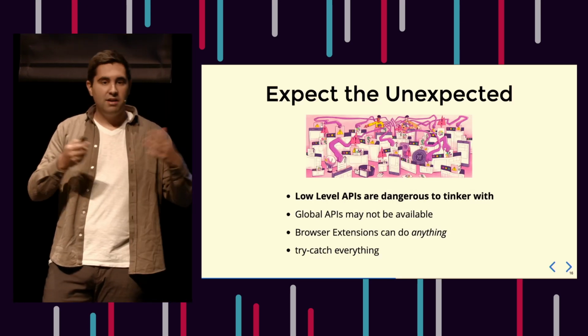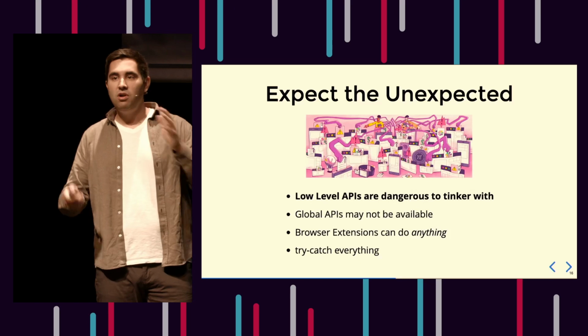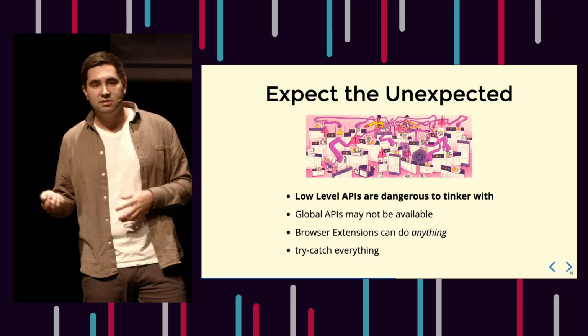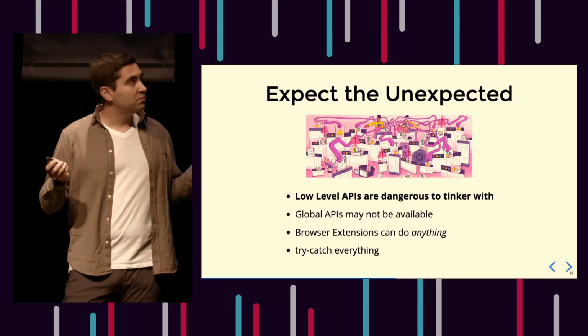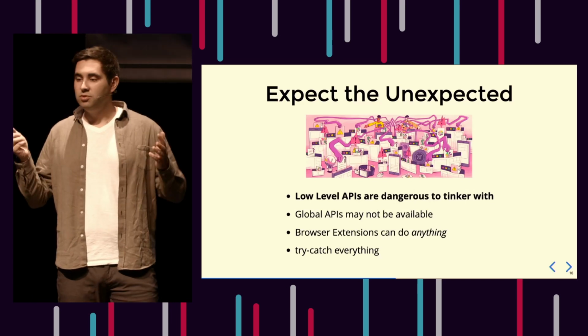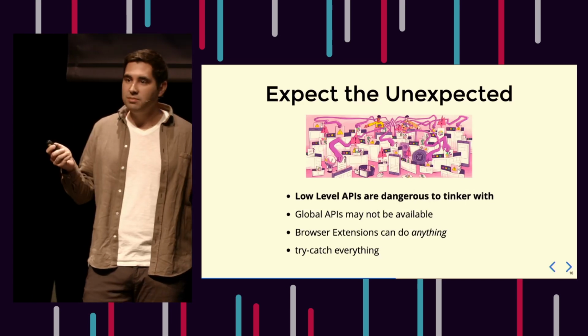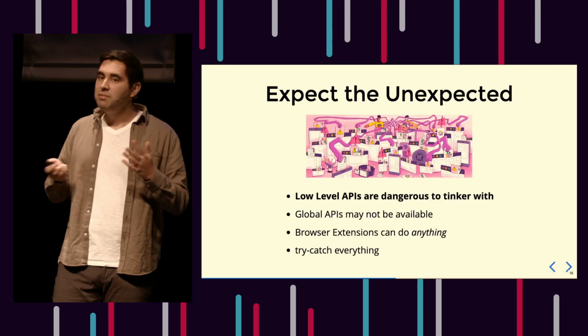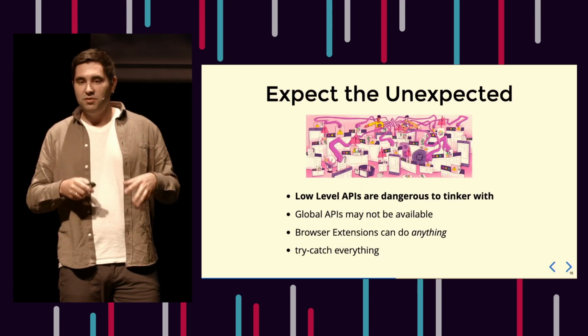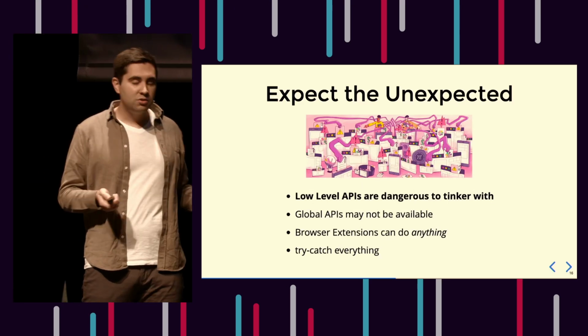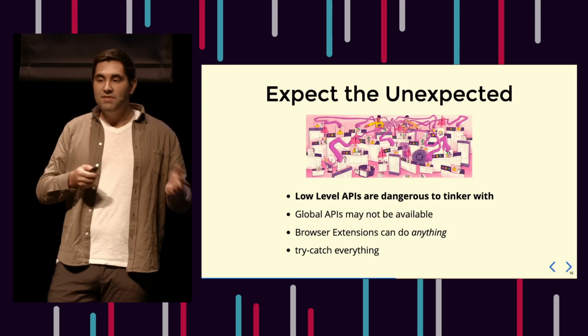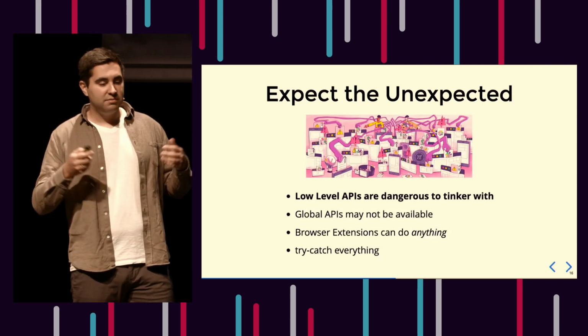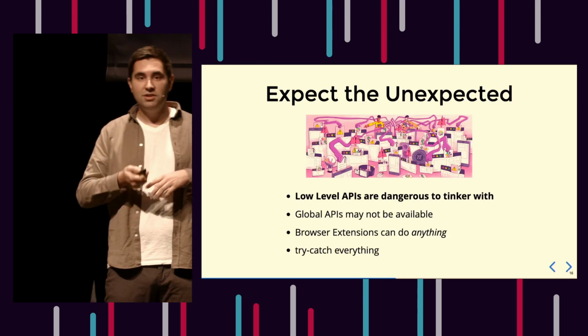So I write my monkey patching code based on all the possible things I see in the MDN docs. And then I think to myself, cool, this code is bulletproof now. I covered all the possible cases. This will be mostly true, but if your code runs in enough contexts, enough browsers, eventually it will fail, because browser extensions exist, and they can do anything.